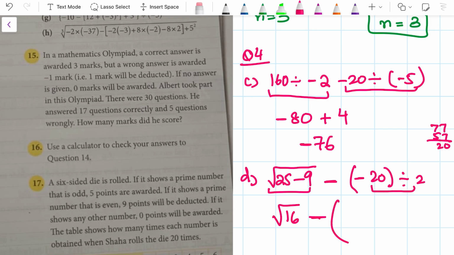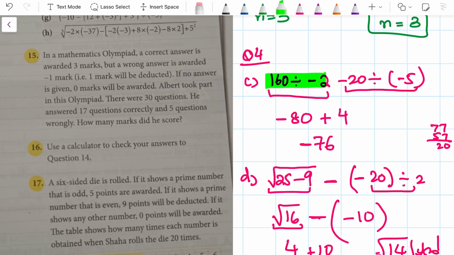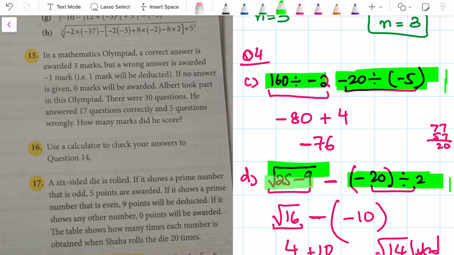Minus 20 divided by 2 will be a minus 10. This becomes a 4 plus 10 gives you a 14. See how I am solving them, the order in which you are solving. We apply the division first, and with division this minus sign is attached with 20, so this will be carry forwarded. So I am applying the division first and I am solving this root first, then I will apply the minus sign between them.